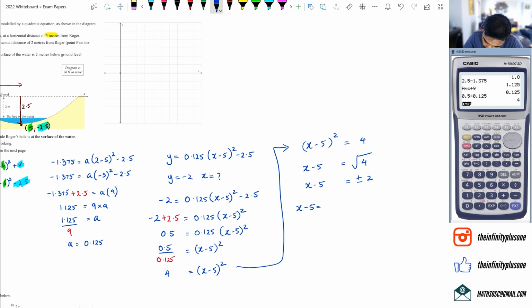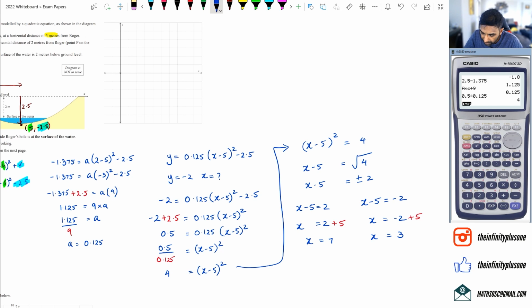So you've got x minus 5 is equal to 2, and x minus 5 equals minus 2. So when we rearrange this, we're going to get 2 plus 5, so x is equal to 7, or x is equal to minus 2 plus 5, which gives me x is equal to 3.